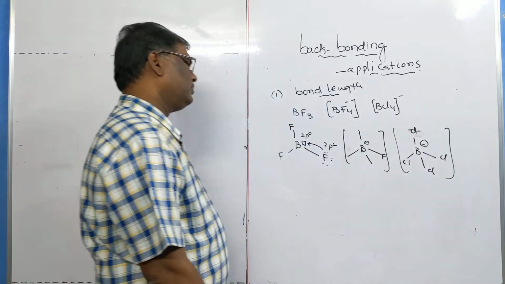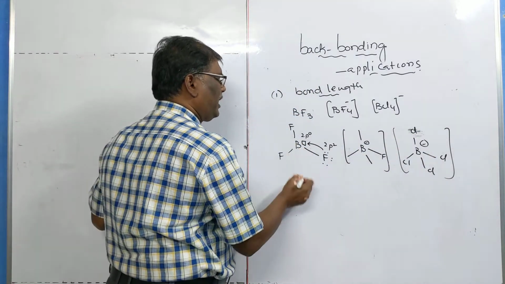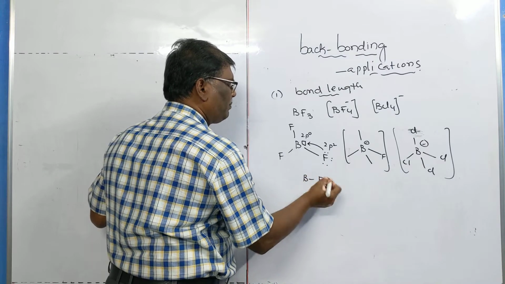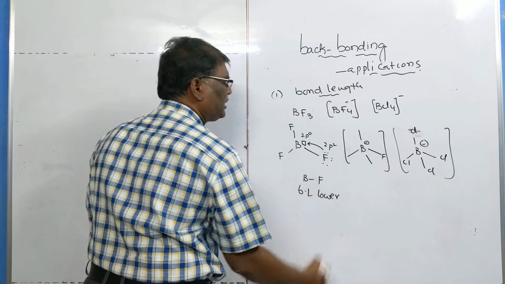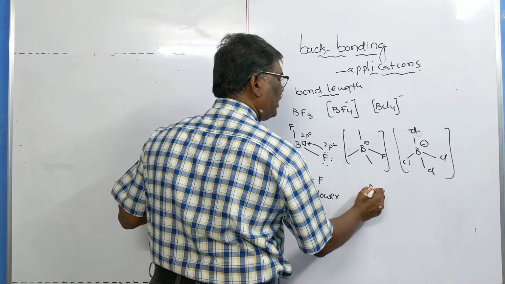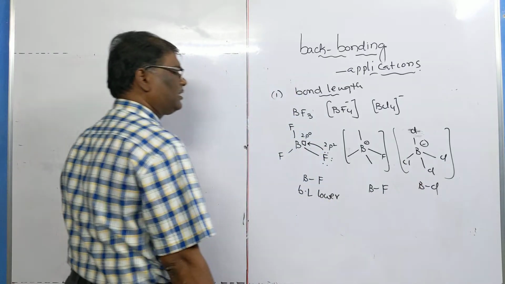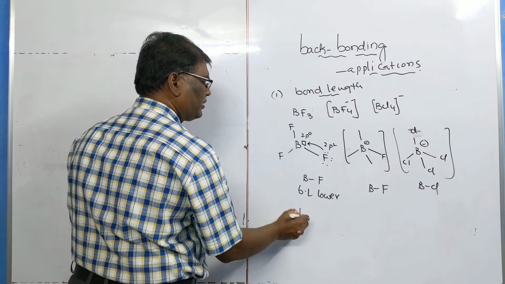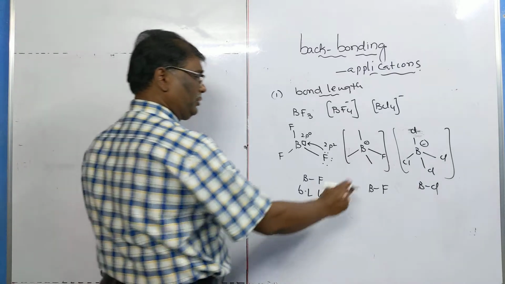Now because of back bonding, the BF bond length in BF3 is lower than the ordinary BF bond length and the BCl bond length. So BF3 has the least bond length compared to these two.